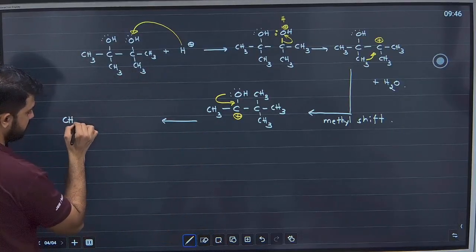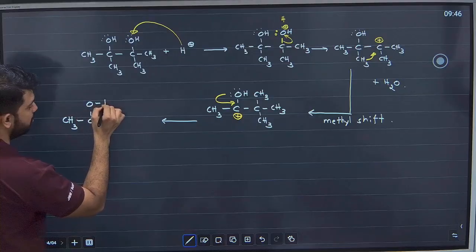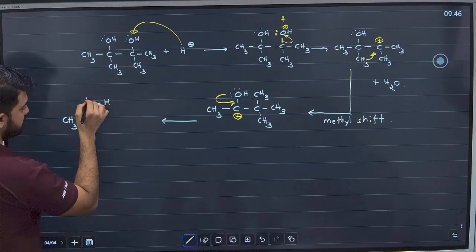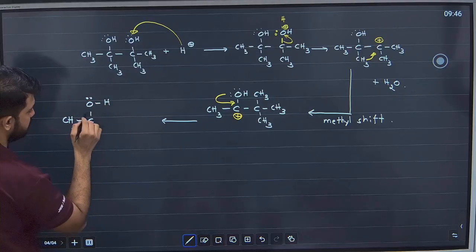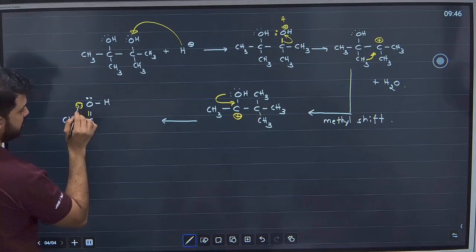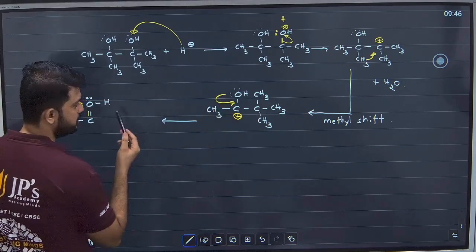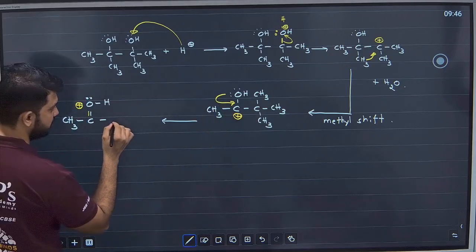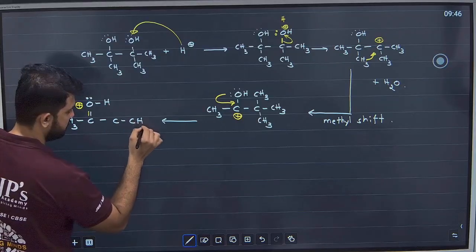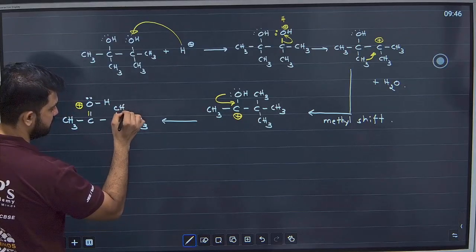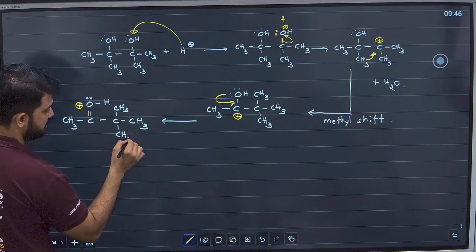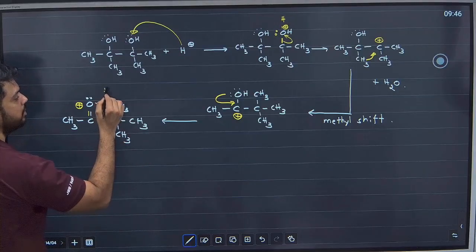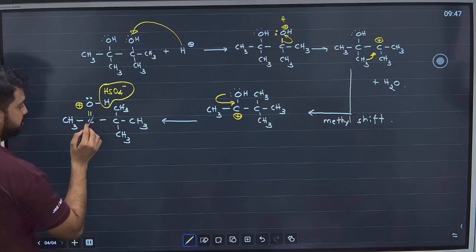CH3 C OH. Oxygen now develops a positive charge, because previously it had 2 lone pairs, now it has only 1. C, CH3, and finally HSO4 minus will extract the proton.